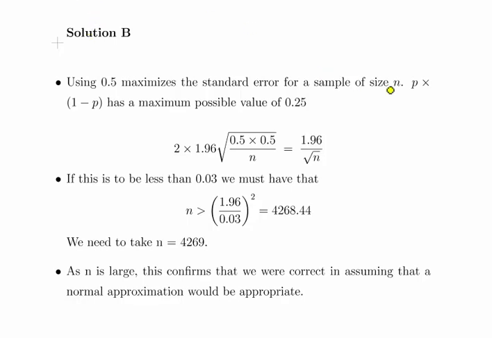It's not possible to get a value greater than that when p is a proportion. It has a maximum possible value of 0.25. It's the most conservative you can be, the risk averse approach. You're not taking any hints, you're not taking any prompts, you're going for the worst case scenario essentially.